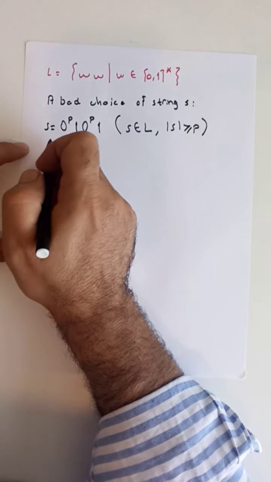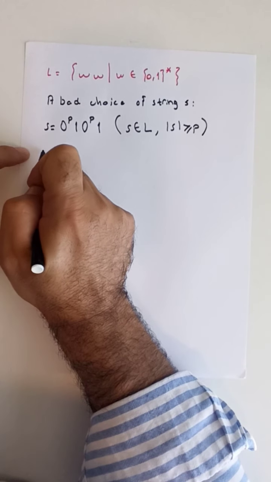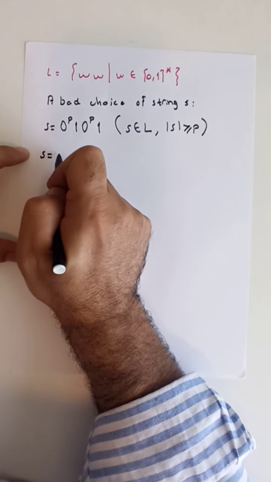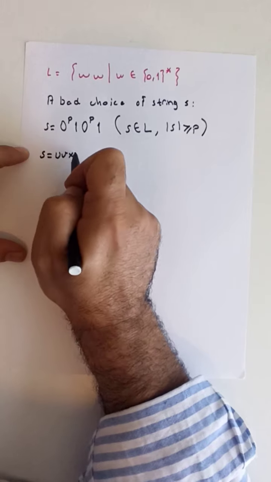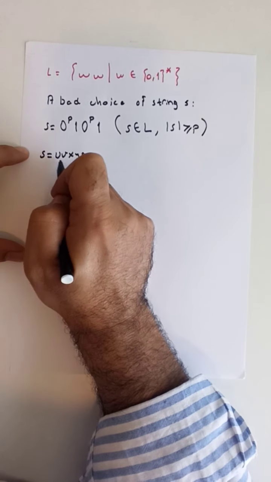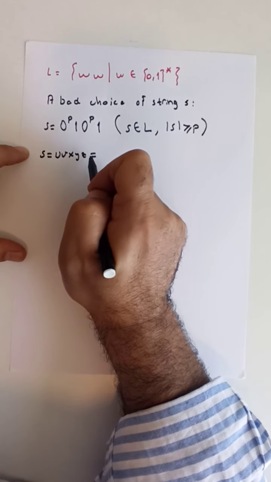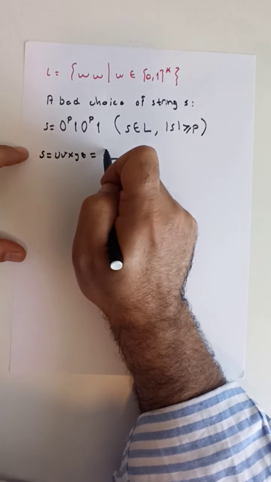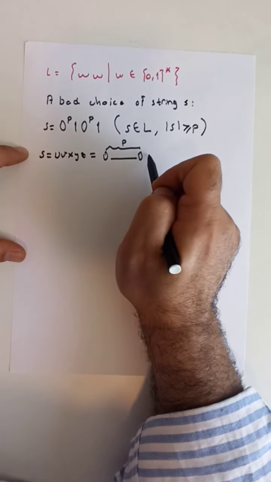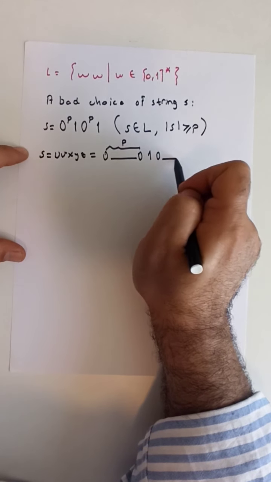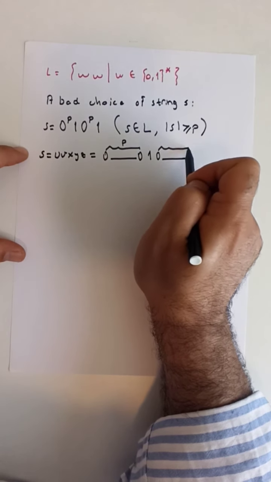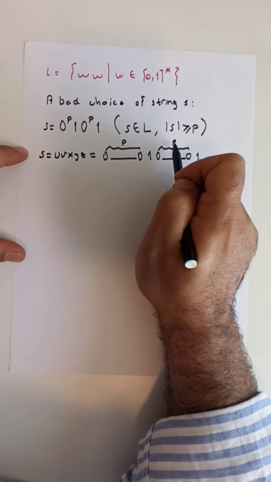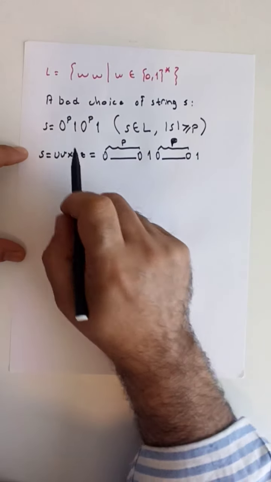The pumping lemma says that the string S is partitioned into five parts u, v, x, y, z. Let's try to visualize how it looks. We have P many zeros, followed by a single 1, followed by P many zeros, followed by a single 1. This is how our string S looks.